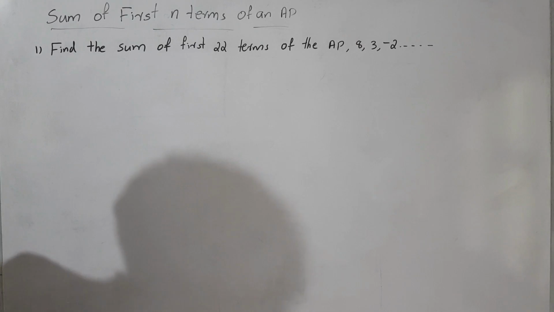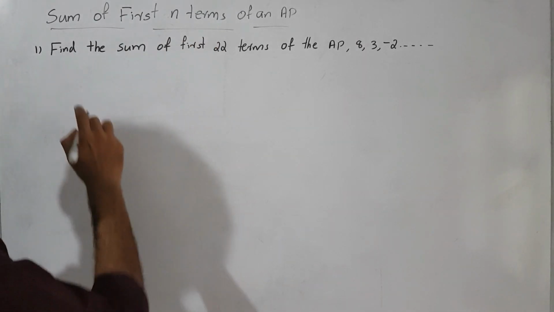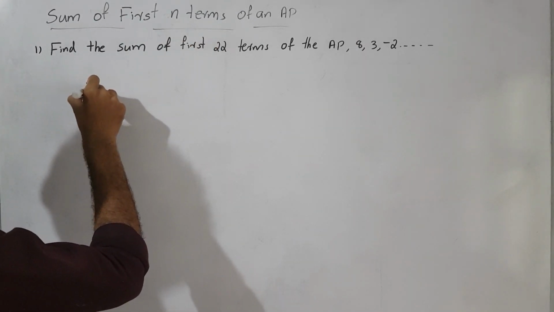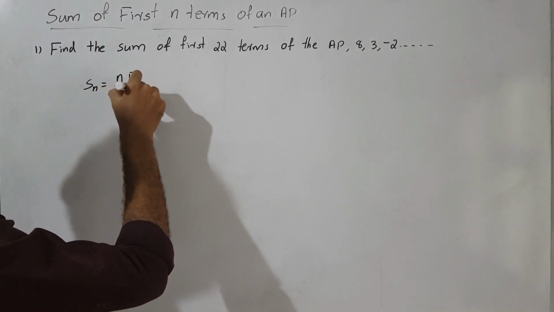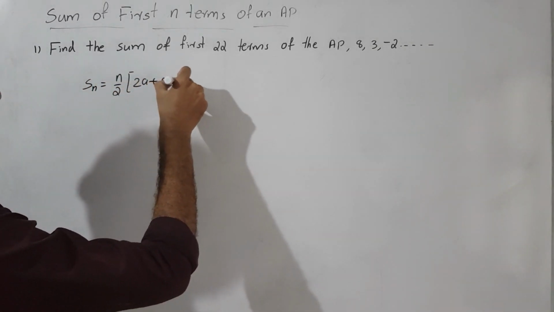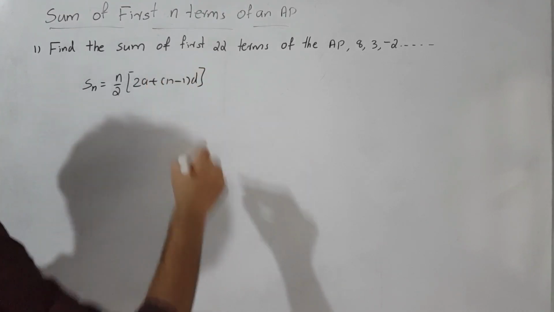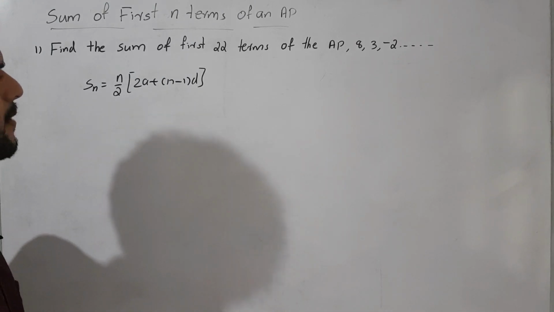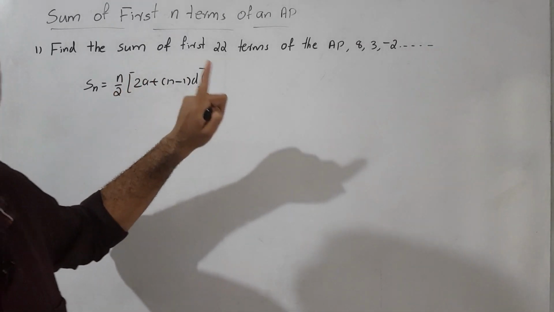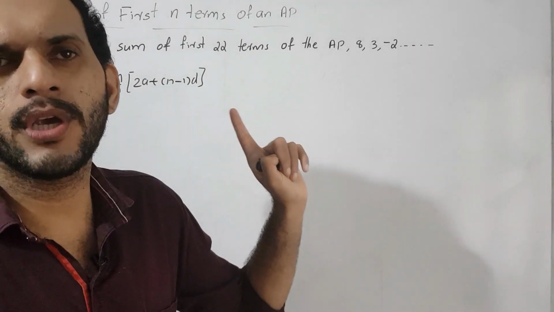We want to find the sum, so we use the equation of sum. Sn is equal to n by 2 into 2a plus n minus 1 into d. Correct? So after writing it, we find the values of n, a and d. Here we are finding the sum of 22 terms.